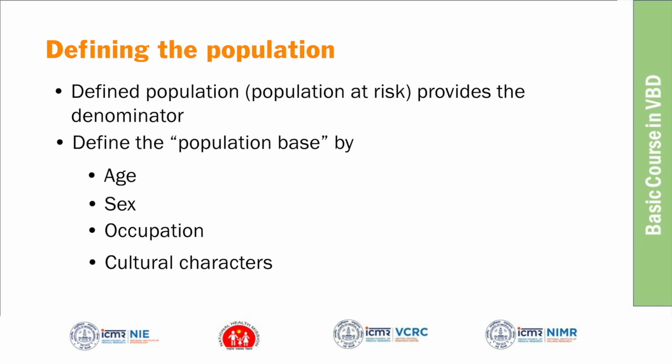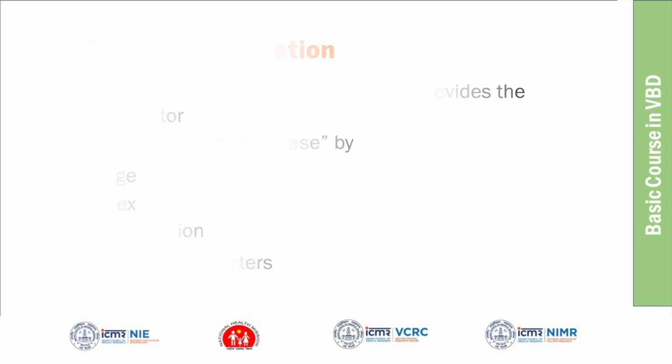You have to have a clear-cut idea about which population you are going to conduct your research on. It will give you the denominator, which is very, very crucial in epidemiology. You might be very much aware, after learning the measures in epidemiology, of the importance of the denominator.